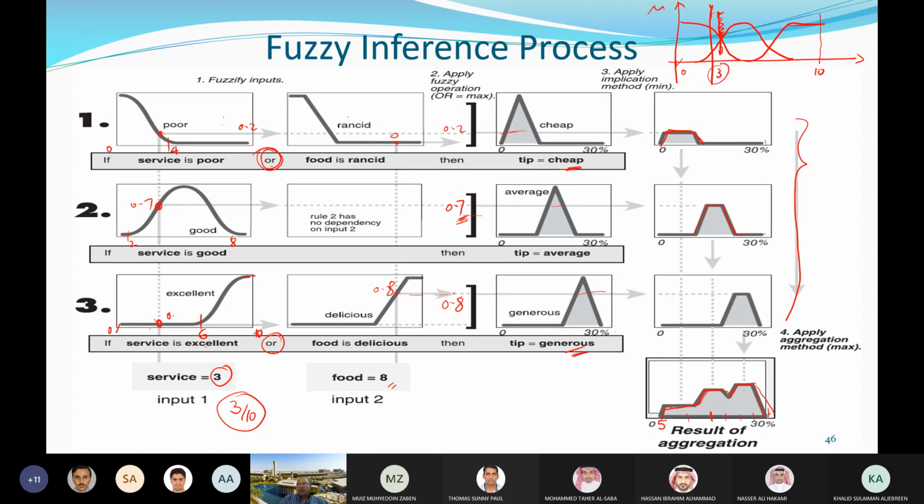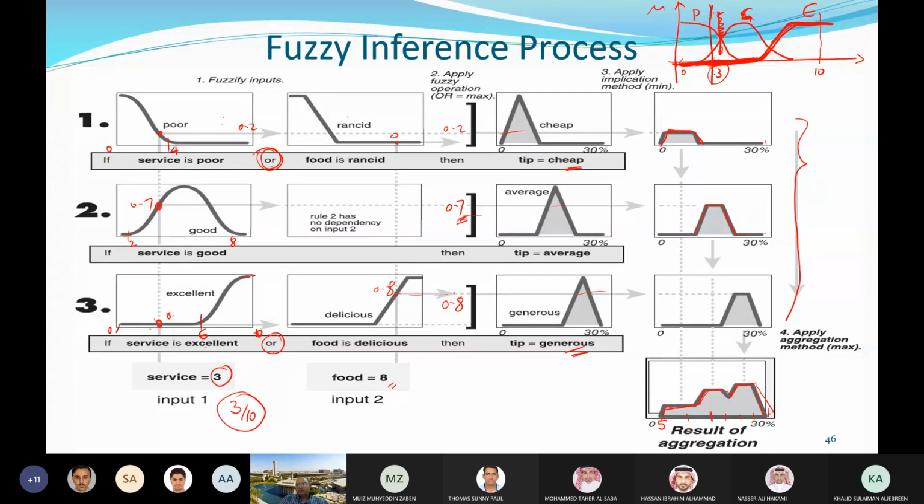So this 3 means that the surface is between poor and good, and this is excellent. So for 3, the excellent membership value equals 0. Did you get the point?